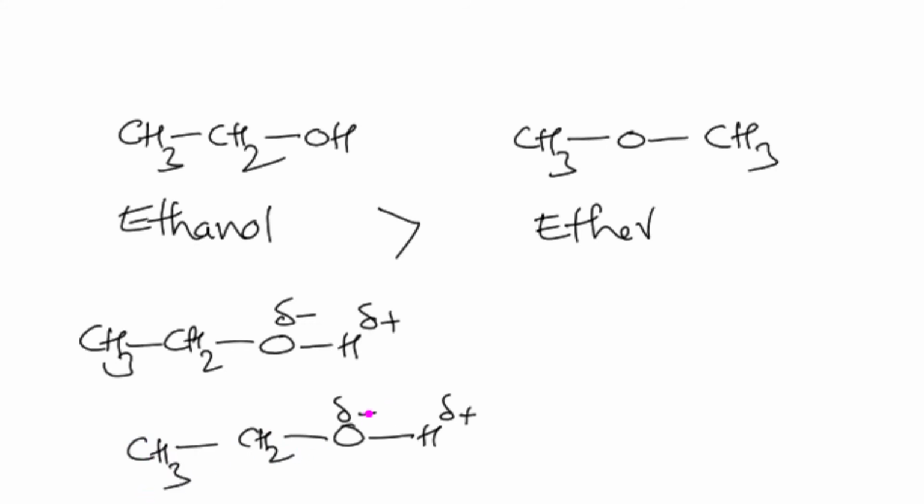You can notice that the negative part of one molecule starts attracting the positive part, that is the hydrogen, of another molecule. This is known as intermolecular hydrogen bonding. Hydrogen bonds are stronger than molecule-to-molecule interactions, and therefore ethanol has a higher boiling point as compared to ethers.